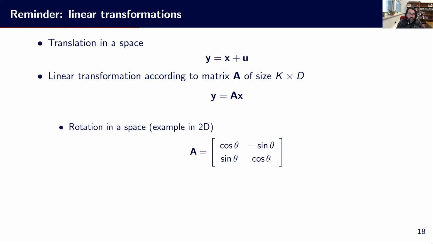We can rotate the object according to the origin. In 2D, for example, it would be that matrix. We just have an angle theta here describing the rotation in 2D according to the origin. With these 4 values from cos theta and sin theta, we apply this on X and we get a Y that is still in 2D, but rotated according to the angle.